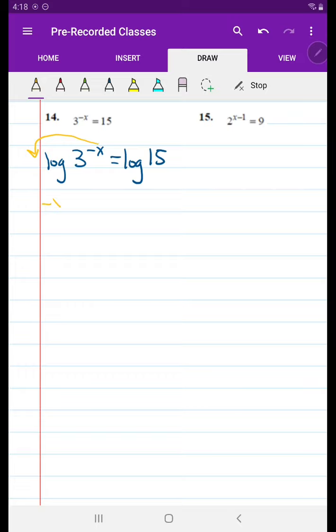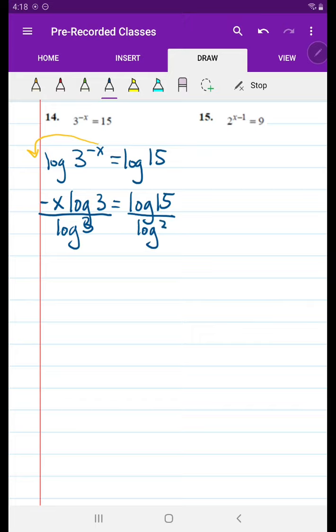So I have negative x log 3 equals log 15. And then I can divide both sides by log 3. Right? And so then those log 3's will cancel. And I'll get negative x is log 15 divided by log 3.